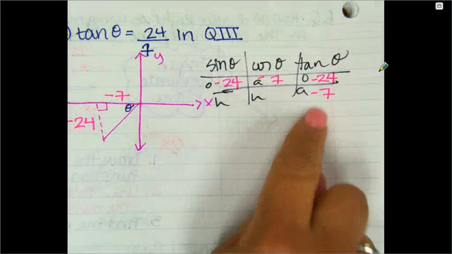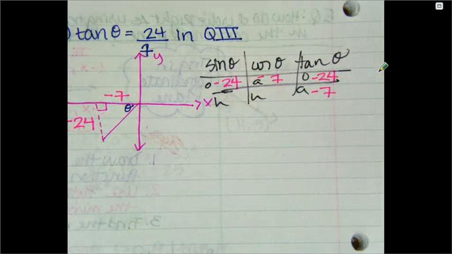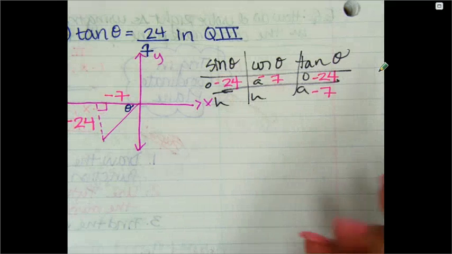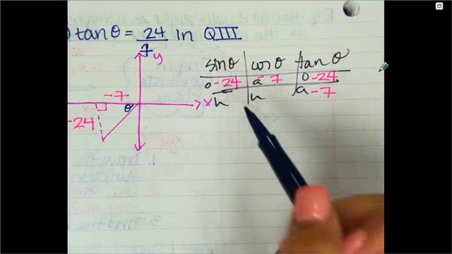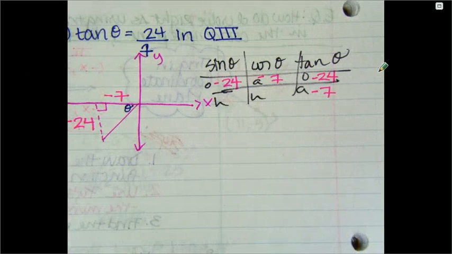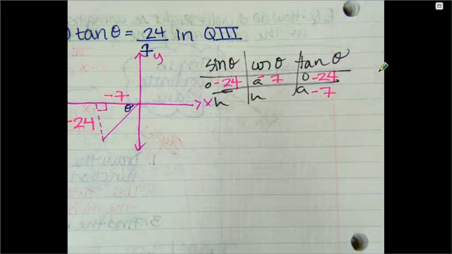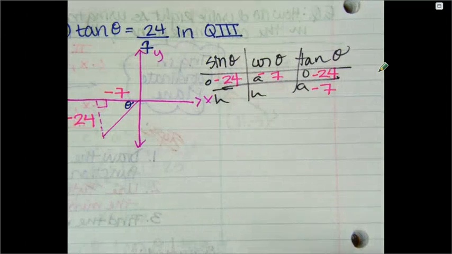A negative over a negative is a positive. Yes, because it's going to change your sine and cosine. It's not going to change my tangent, but it's going to change my sine and cosine. Then don't write it on tangent, but you do have to write it on sine and cosine.